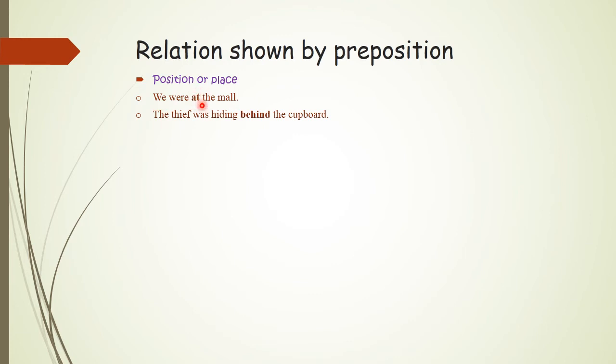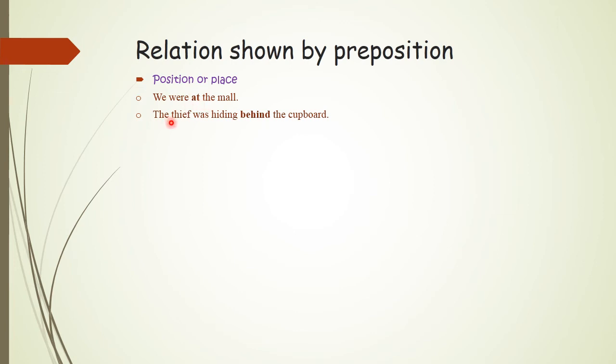Here at shows the relationship of place. Where are we? We were at the mall. Again, mall is a noun, and as I told you, the preposition comes just before the noun. So here at the mall. It shows the place where we are.